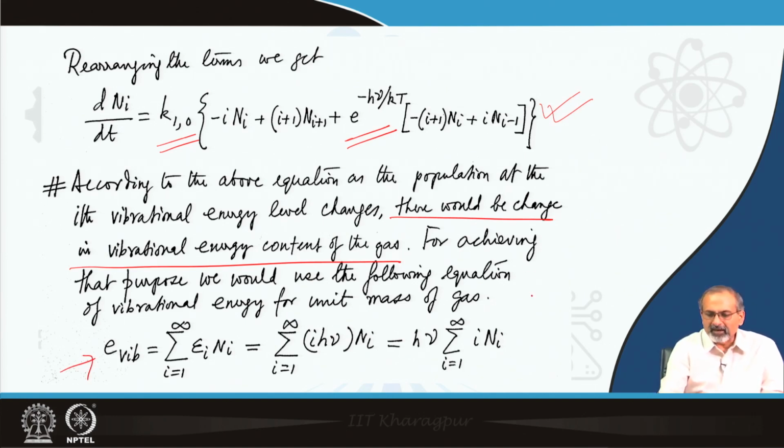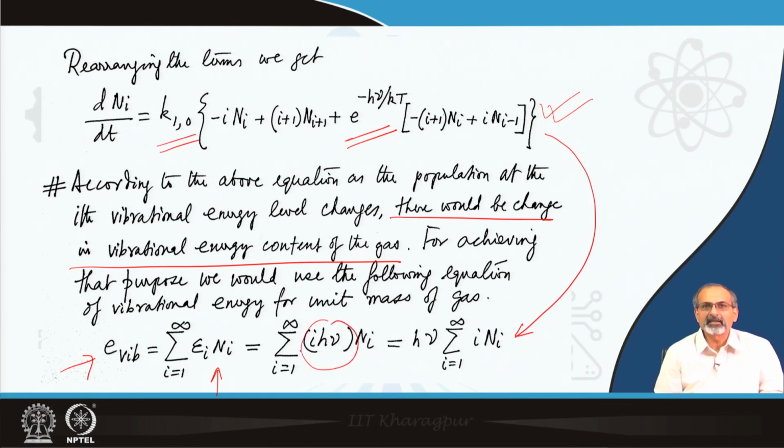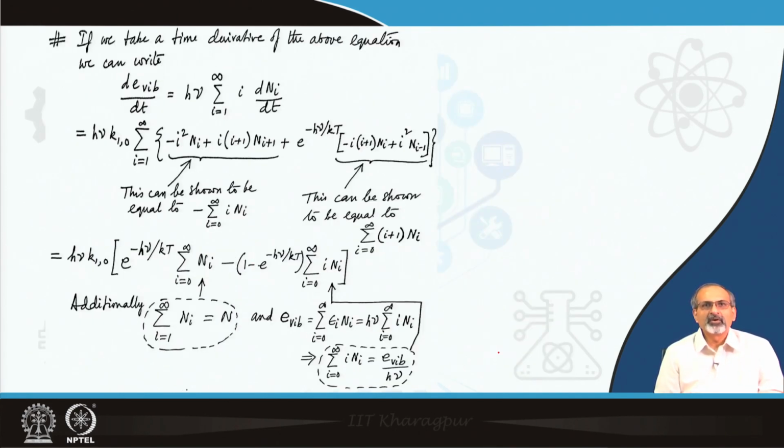So, the idea would be that from a population point of view, we bring in the energy perspective. So, we bring in a form like this, where we sum up the energy content coming from each energy level over all the levels, and we substitute the sensible energy for each level here, and it comes up as a summation like this.